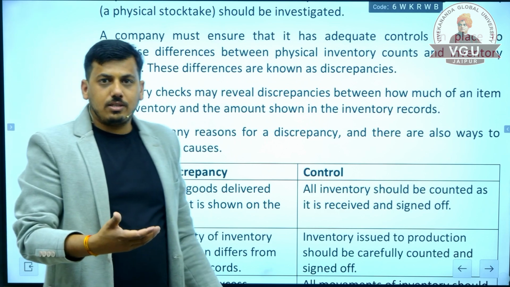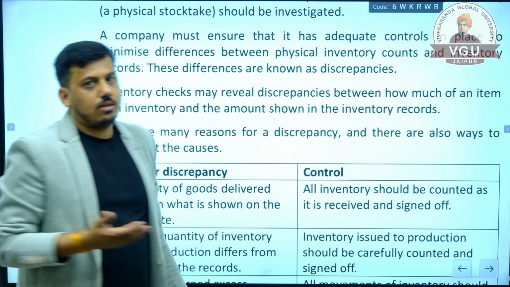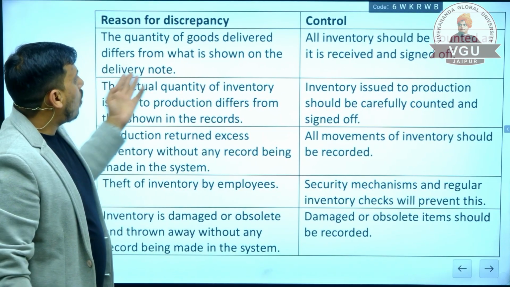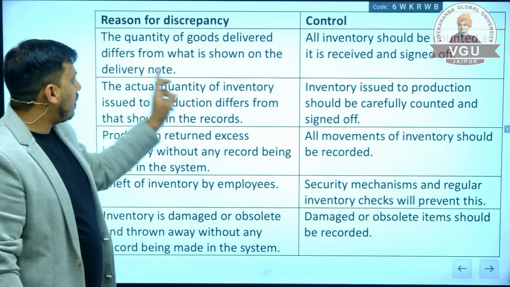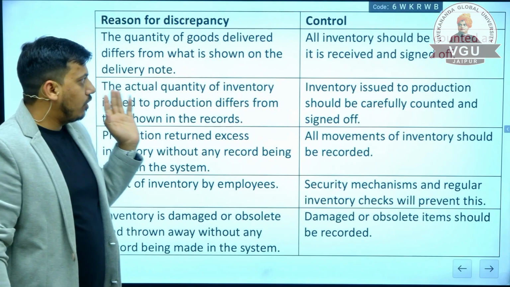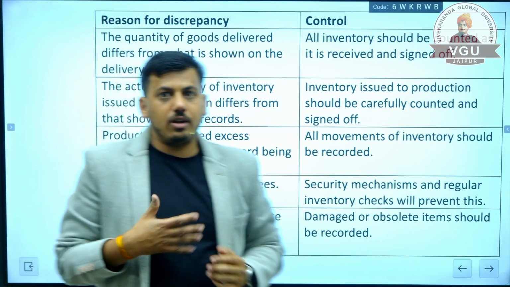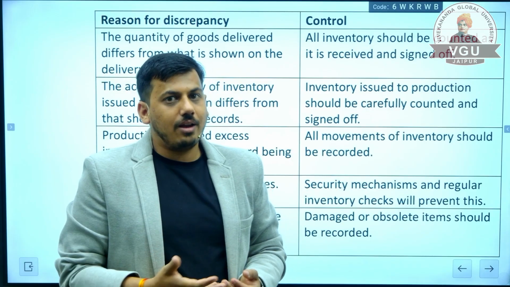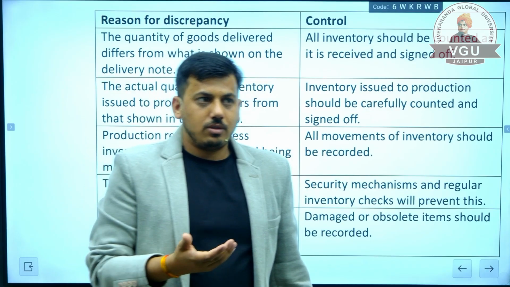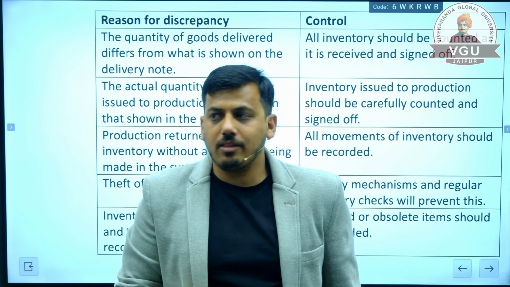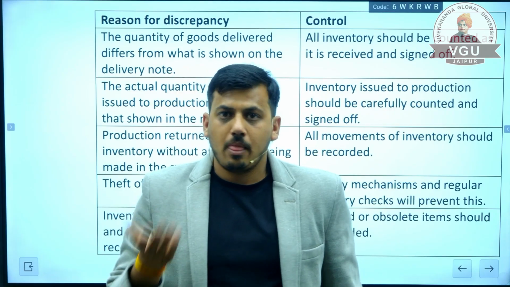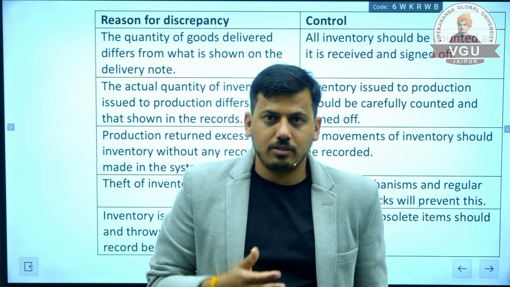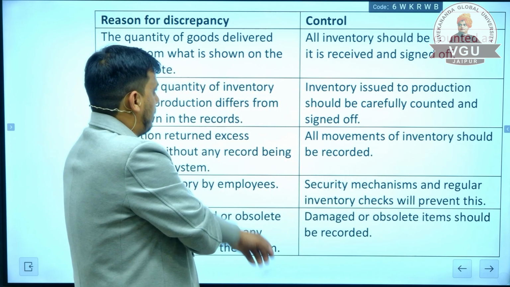Now, what are the various reasons for discrepancies in the organization? First one is the quantity of goods delivered differs from what is shown in the delivery note. Suppose in the delivery note you write that 100 units are to be delivered, but you have delivered more than 100 units or less than 100 units, then a discrepancy may arise.